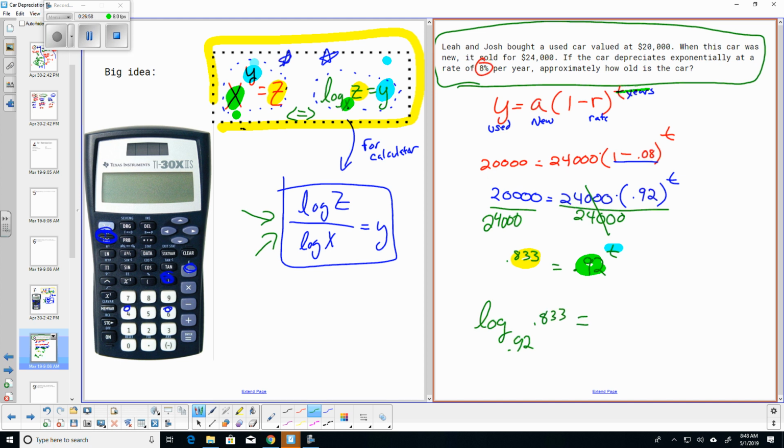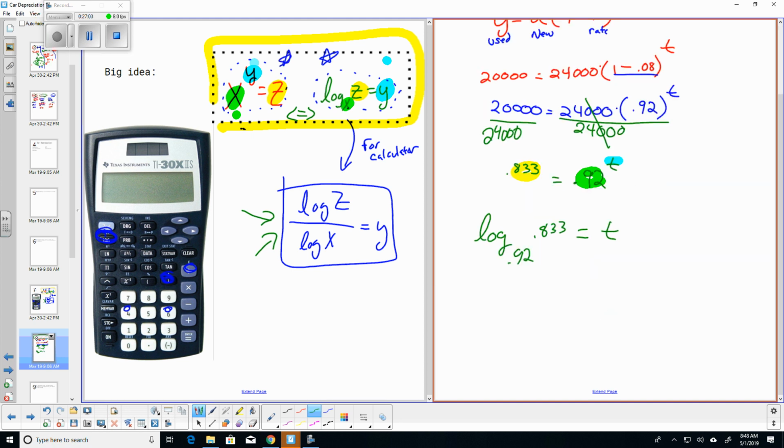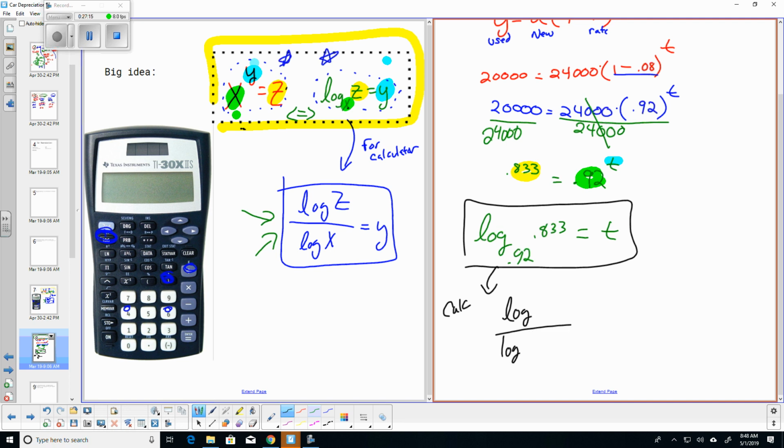In the calculator, you're going to go log on the top and a log on the bottom. On the top, you keep the 0.833. On the bottom, you put 0.92. That gives you your answer for T, which is what we want. You should know how to do that if you watched the first part of the video.